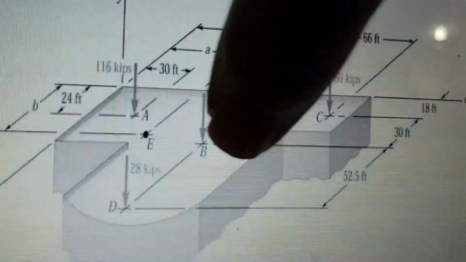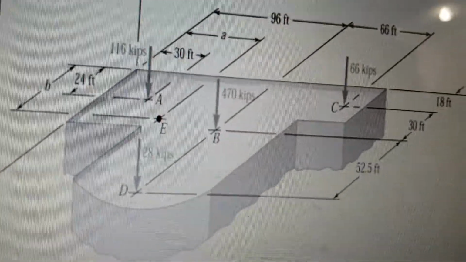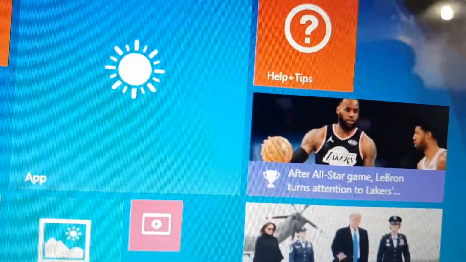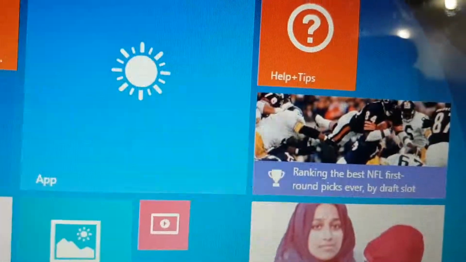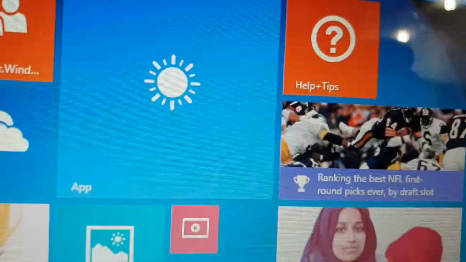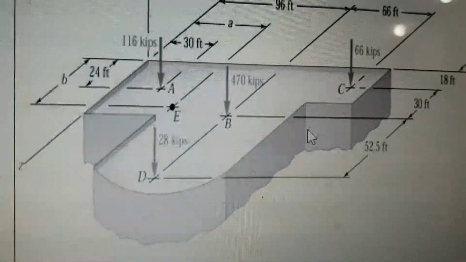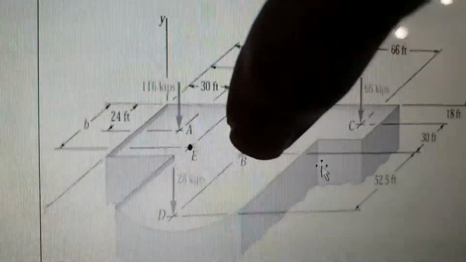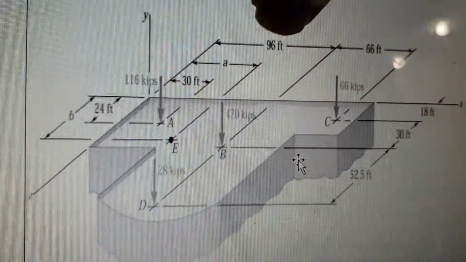Let's go for 470. Now we are doing along the x. 470 along the x toward the z. It is 96 feet.